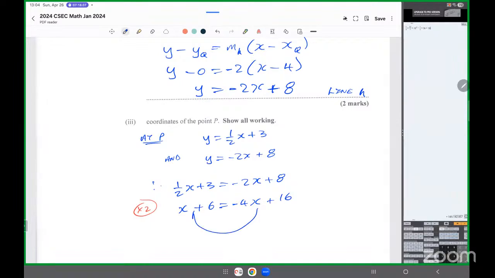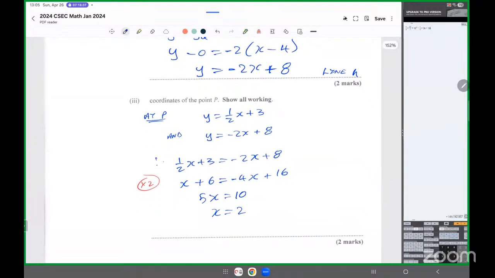Carry this over here, add it to this, we get 5x equals, carry 6 over here and subtract it, 16 minus 6 is 10, and so x equals 2. If x equals 2, we can substitute the 2 right here for the x.